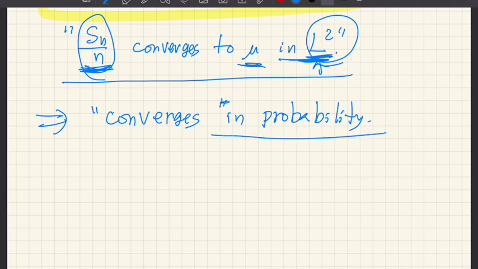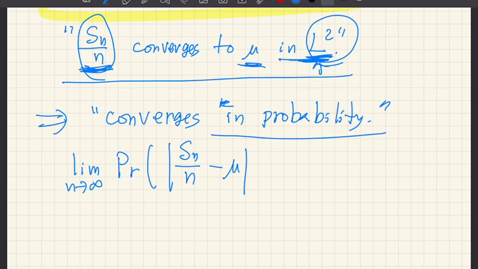That means this: the limit as n goes to infinity of the probability that the absolute value of Sn over n minus mu is greater than epsilon is 0.